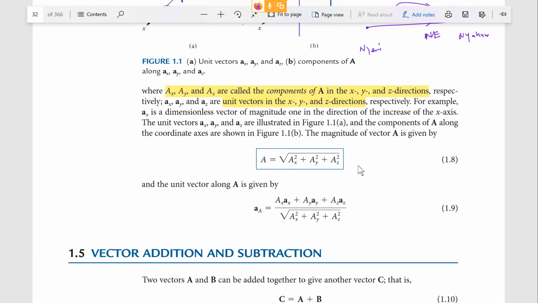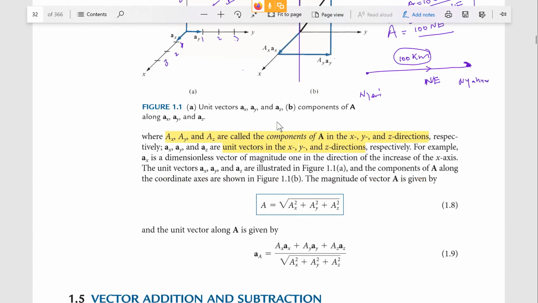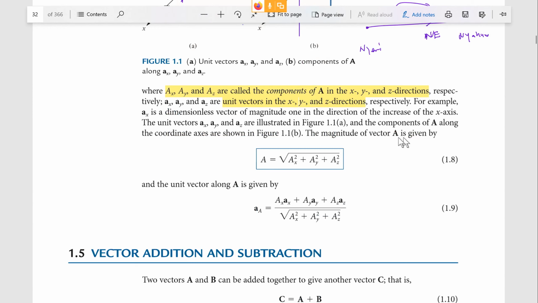And the unit vectors ax, ay, and az are the unit vectors again in the same directions. For example, ax is a dimensionless vector of magnitude 1 in the direction of increasing x, along the x-axis. The unit vectors ax, ay are as we have illustrated in this figure above, and the components of A along the coordinate x-axis are shown here.